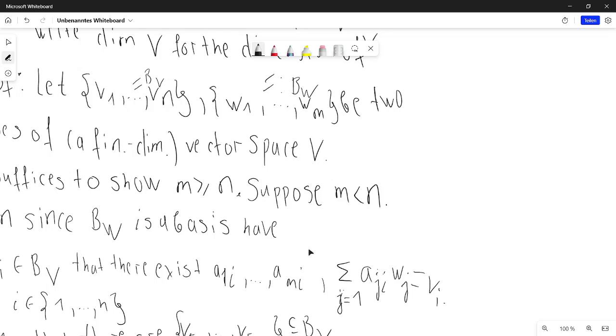Right. So let's think about it properly. We have m is smaller than n, which we would have here. So start to put it like that.